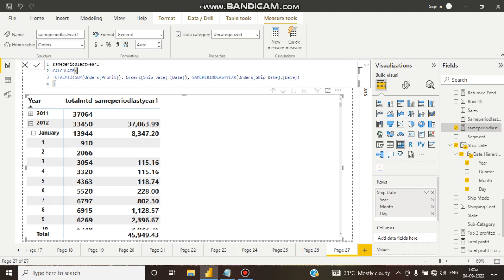I have created CALCULATE, then my previous one, total MTD, sum of total profit, orders ship date, then SAMEPERIODLASTYEAR and again ship date. So here it is calculating the same period but last year: January of 2012, and the same period of last year means January of 2011. Like this it is calculating the total.